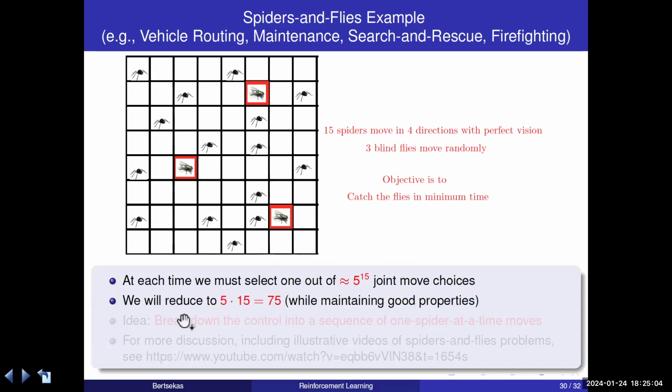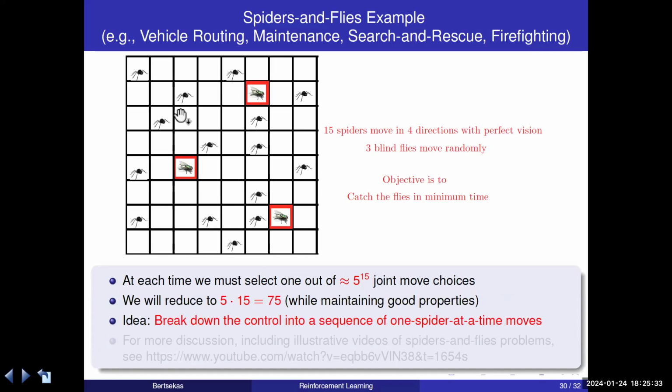Now, we're going to look at rollout algorithms that will reduce the number of choices to 5 times 15, a much smaller number, while still maintaining the good properties of the rollout framework. And the idea is to break down the control into a sequence of 1 spider at a time moves.